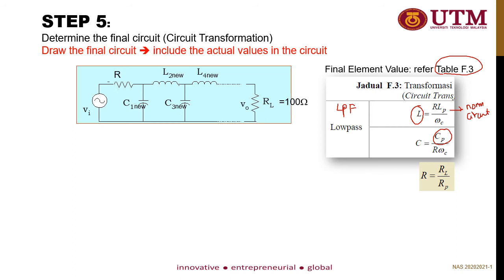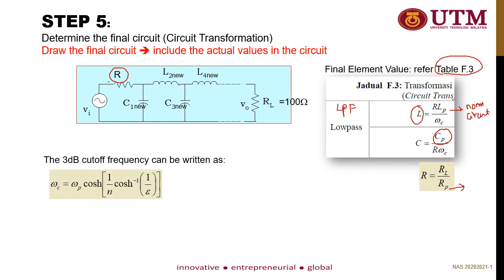While the R here, in the normalized circuit you have R_S, but in the final circuit you have R, which can be calculated by dividing R_L by R_P. So R_P values you can get from the earlier table. Here you'll see that you need to divide your earlier component values with omega C, the cutoff frequency.